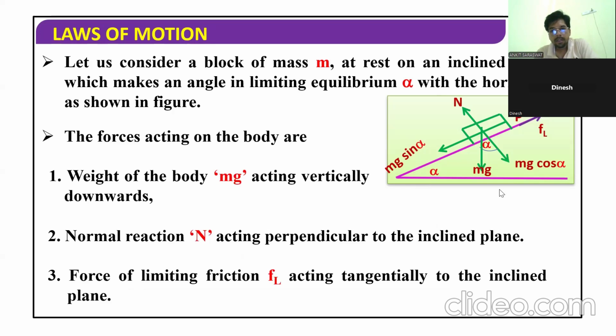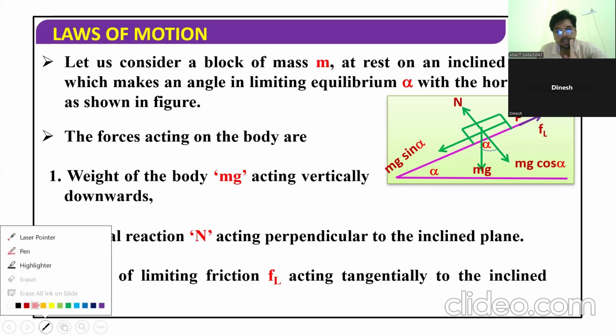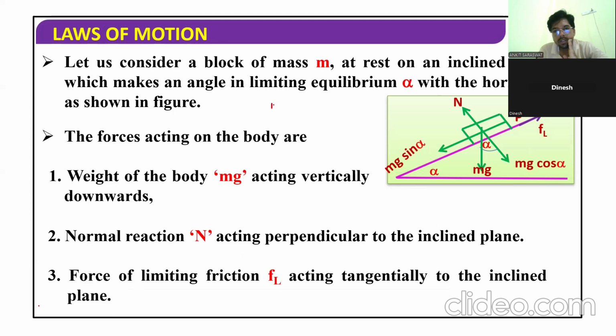Limiting equilibrium means mg sin alpha equals FL, the static friction. FL is mu s times mg cos alpha.